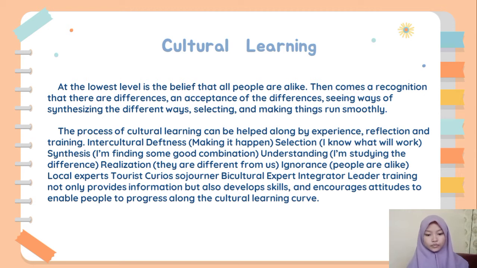Synthesis: I'm finding some good combination. Understanding: I'm studying the differences. Realization: they are different from us. Ignorance: people are alike. Training not only provides information but also develops skills and encourages attitudes to enable people to progress all along the cultural learning curve.